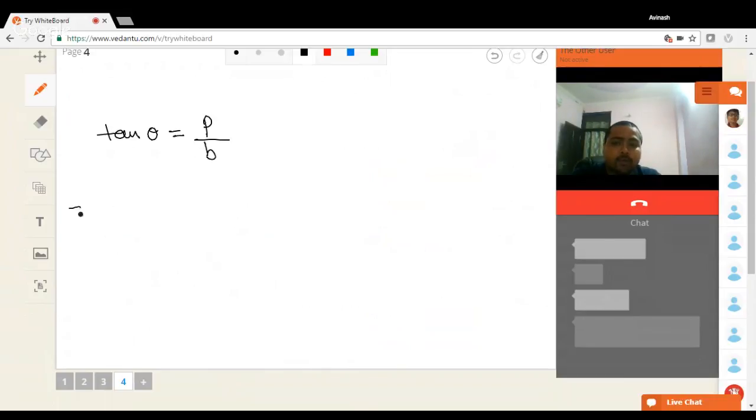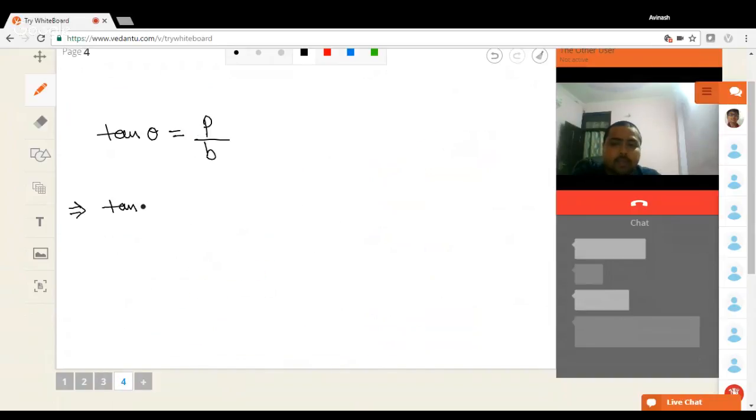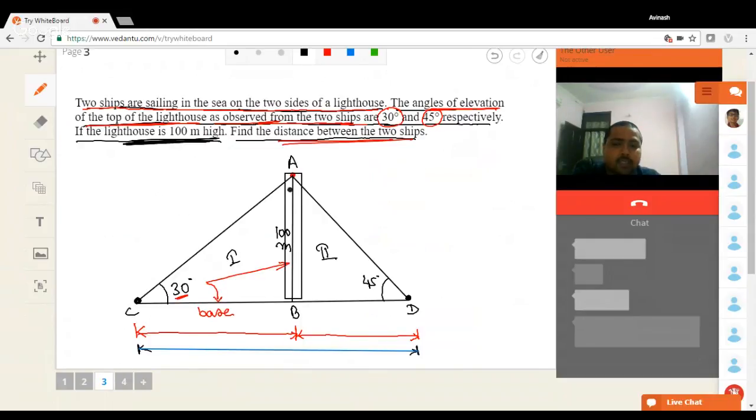The value of theta given in this case is 30°. So we will write tan 30° equals the perpendicular, meaning the height. This is the height of the lighthouse, which we are taking as the perpendicular, and it is given as 100 meters.